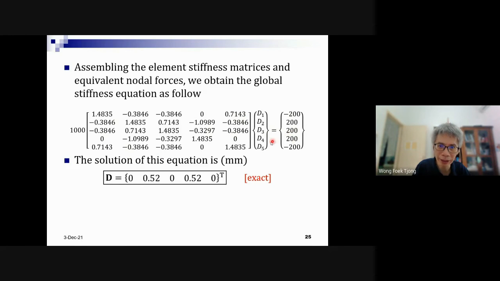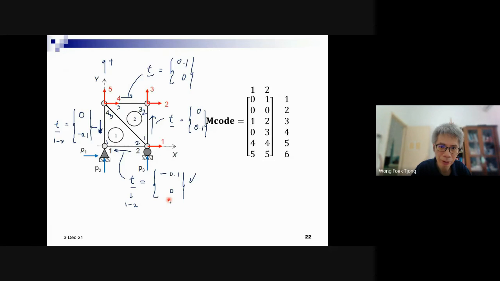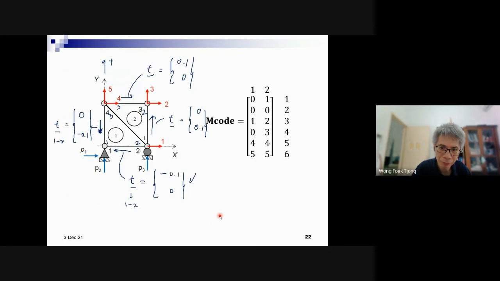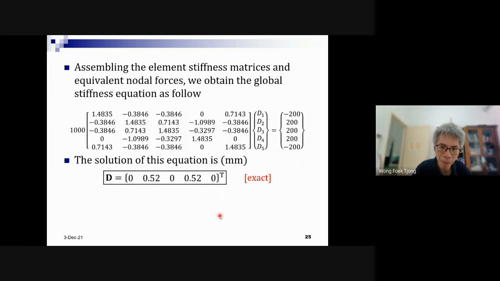And solving this using MATLAB, for example, or Excel, we can obtain the solution for the displacement. And comparing this with the previous one, the exact solution here, that's exactly the same, right? So this is the same as the exact solution.